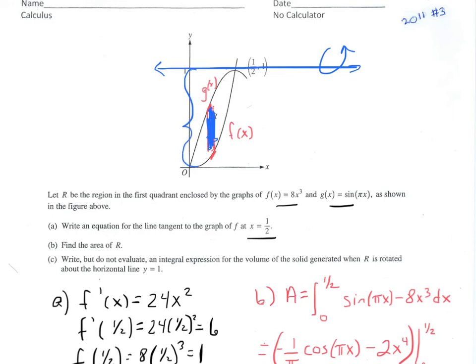There's our outer radius. Here's our inner radius. So our outer radius is going to be 1 minus f of x, which is 8x cubed. And our inner radius will be 1 minus the sine function, which is sine of pi x.